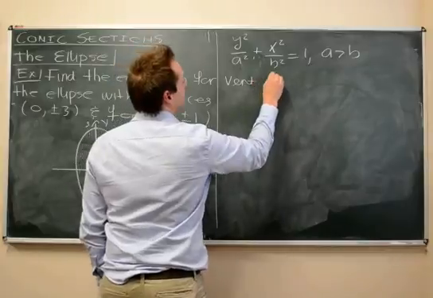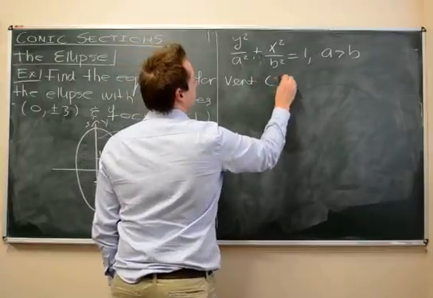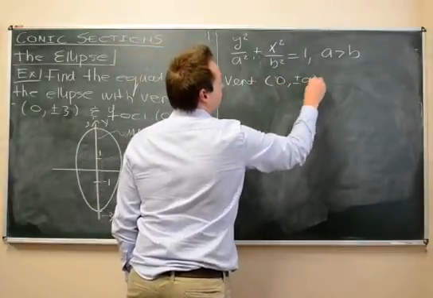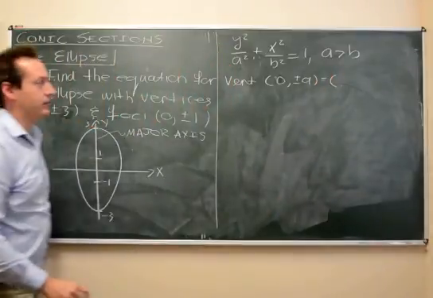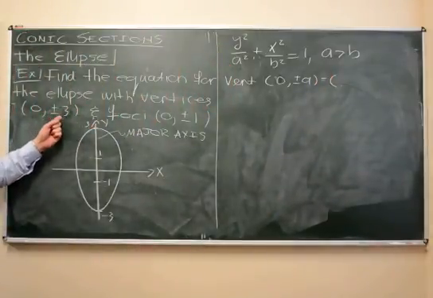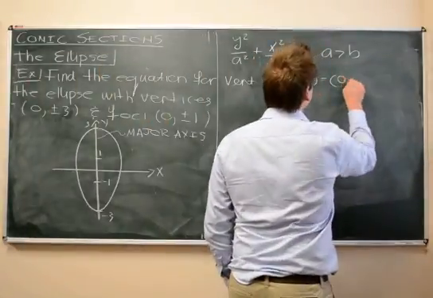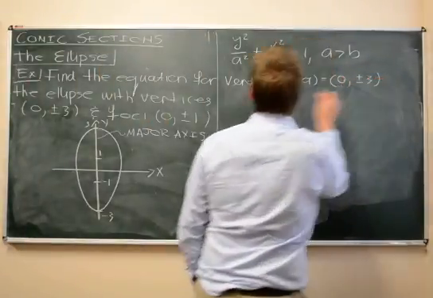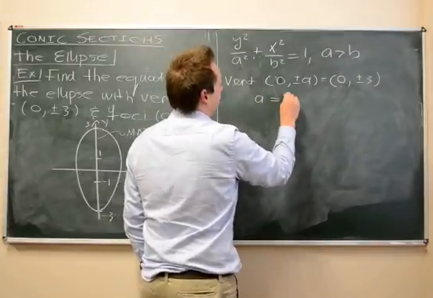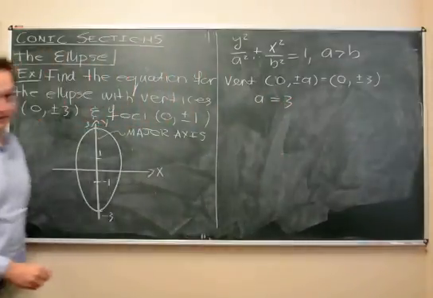So vertices are (0, ±a), right? And according to the information, those vertices sit at (0, ±3). So we get a is equal to 3.